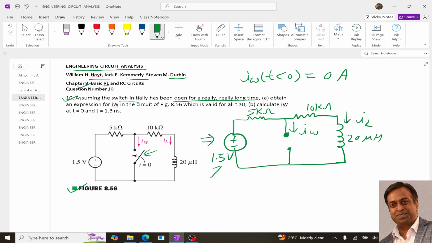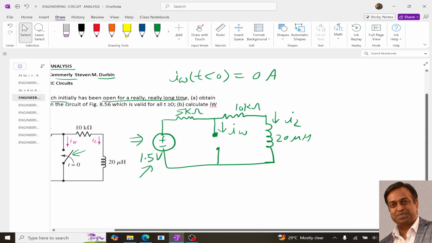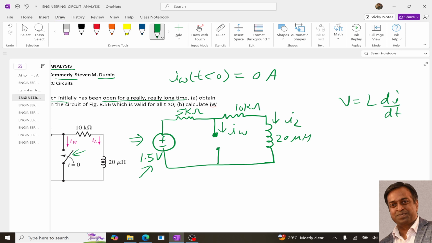Since the battery is constant, and the voltage across the inductor is given by L di by dt, and the circuit has been in this state for a very long time, this current IL is constant. So this term becomes 0, and the voltage across the inductor will be 0 volt.